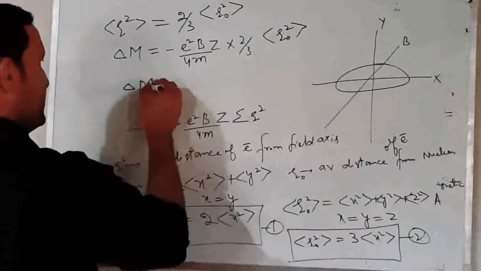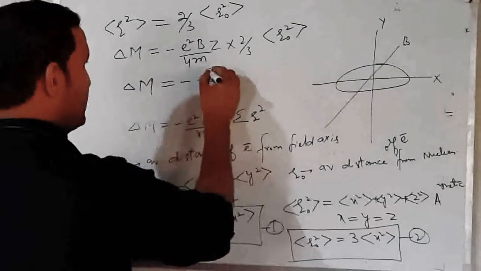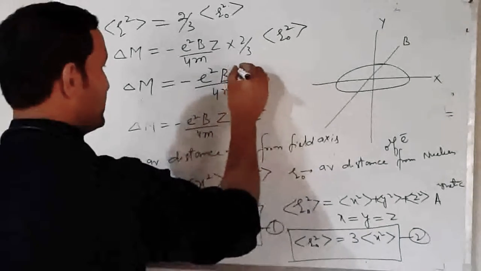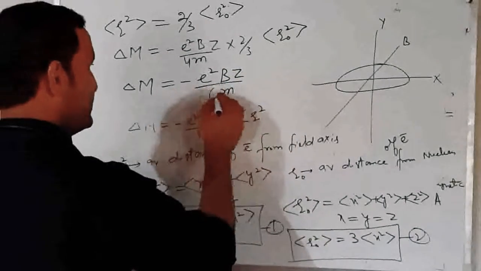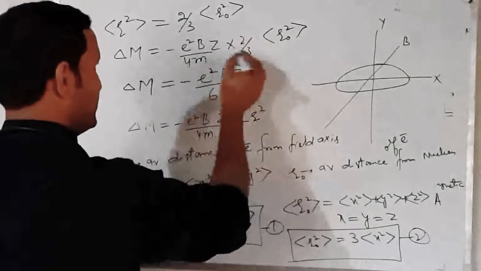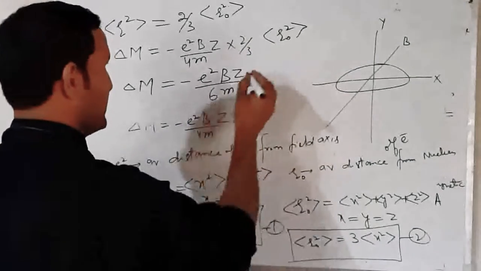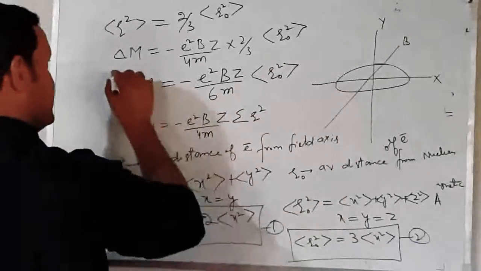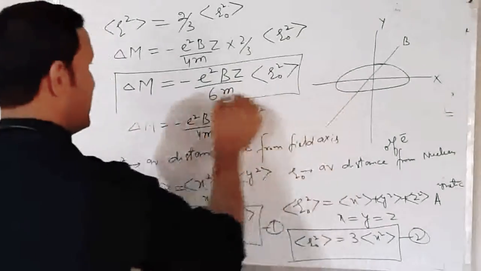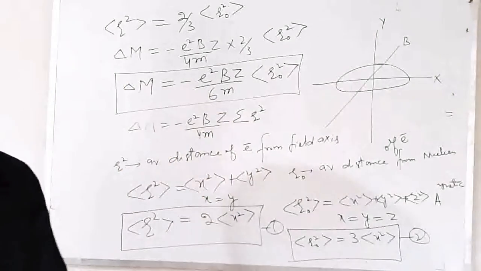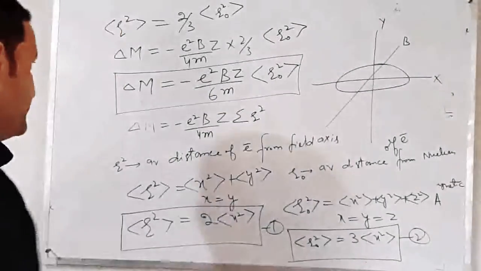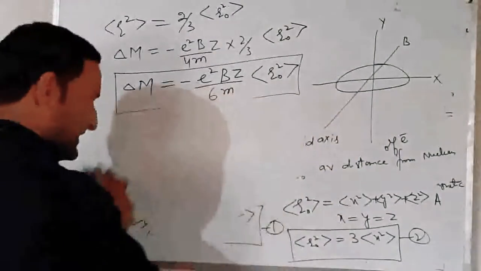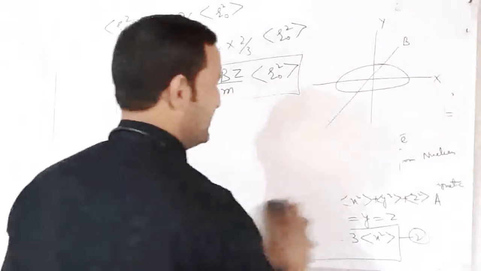Delta M can also be written in simplified form as minus e square B upon 4m Z, here it is 6, 2 times 3 is 6, r naught square. So this is the correct equation for magnetization.